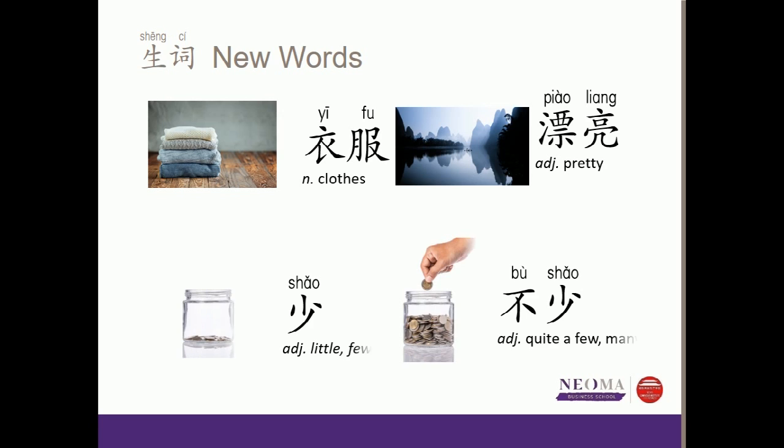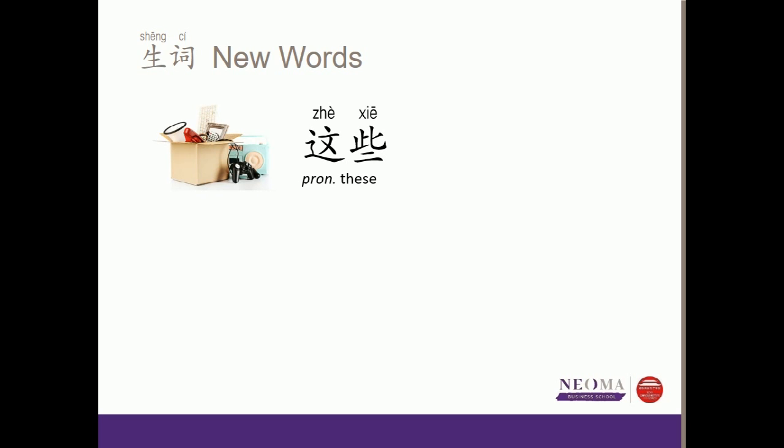好, let's continue. One is 少, little, few. By simply adding a negation word 不 in front of 少, 不少 means quite a few or equals many. 少 or 不少. 好, there's three more. 这些, we have learned 些 means a few, for example 一些.